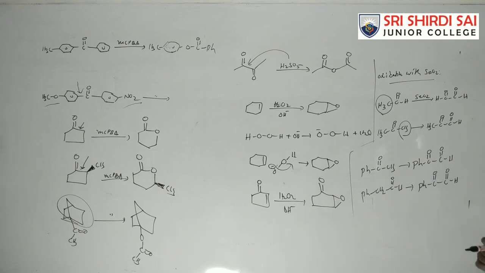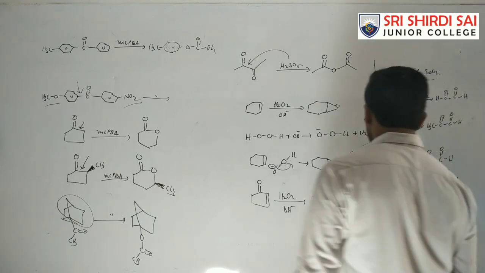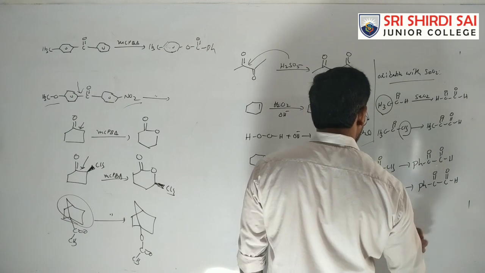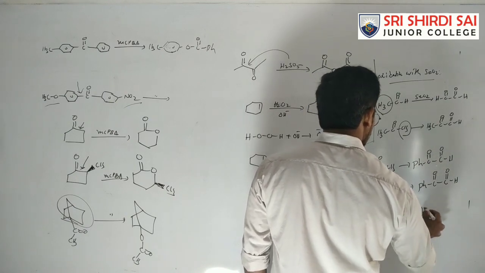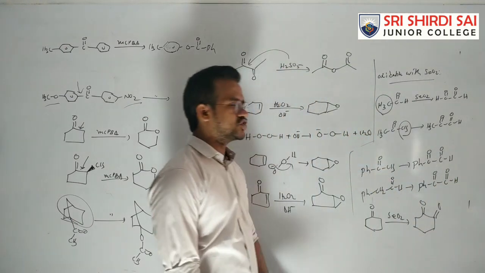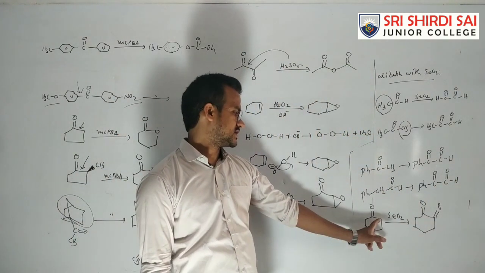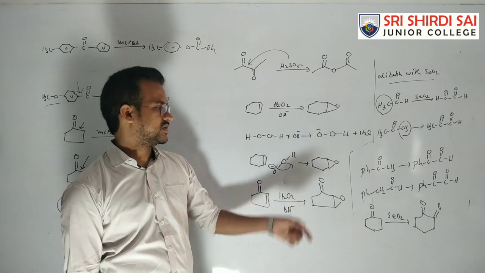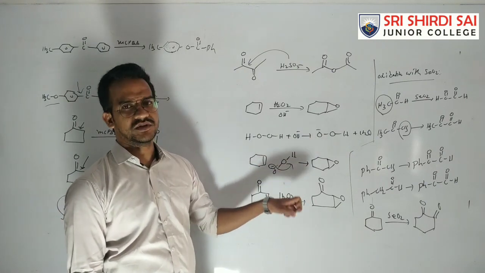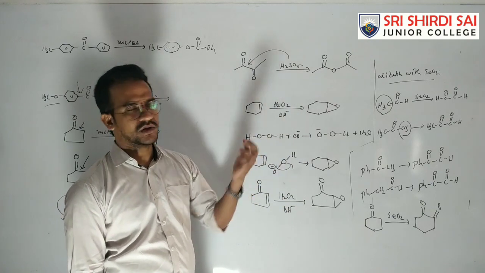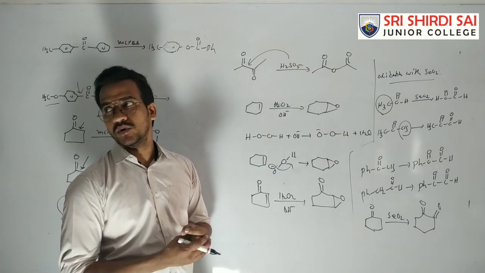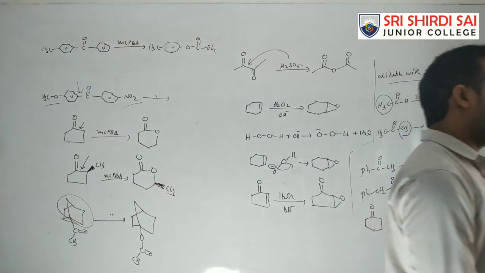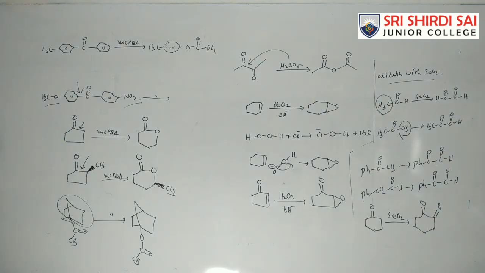The adjacent alkyl group is converted to a ketone. Suppose cyclohexanone on treating with selenium dioxide, the adjacent CH2 is converted to CO. It is completely opposite to the Clemmensen and Wolff-Kishner reactions. So carbonyl compounds treated with selenium dioxide are converted to dicarbonyl compounds. The adjacent alkyl group is converted to a carbonyl group. So that is oxidation with selenium dioxide as well as the Baeyer-Villiger oxidation reaction. Some more oxidation reactions are there, we'll discuss.